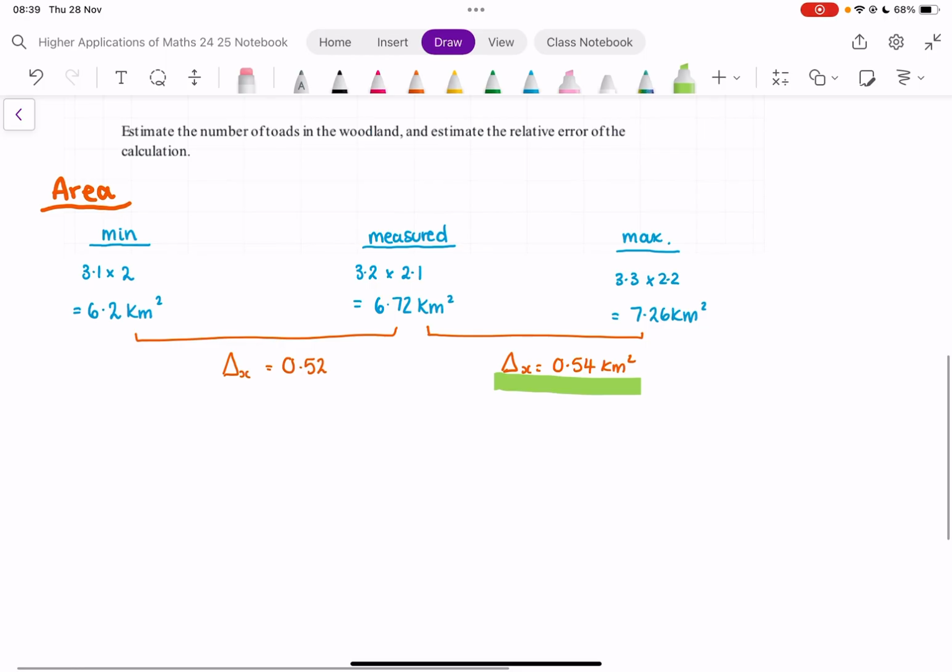Okay. If I then want to turn that into a percentage error, I'm going to take 0.54, divide it by our measured area, so 6.72, and then multiply that by 100 to turn it into a percentage. So 8%. Okay, so that is our area relative error.